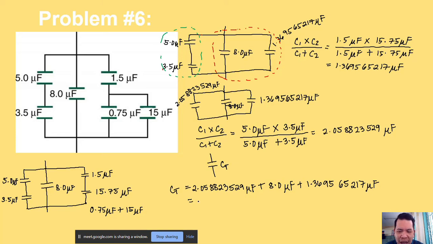So 2.058823529 plus 8 plus 1.369565217. Answer po natin, it's 11.42838875 microfarad. Or, our final answer, it's 11.43 microfarad. So, ladies and gentlemen, this is our final answer.